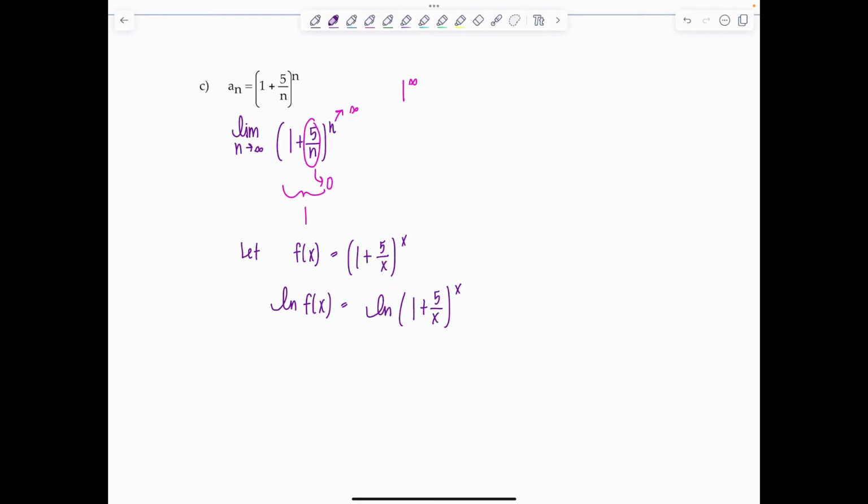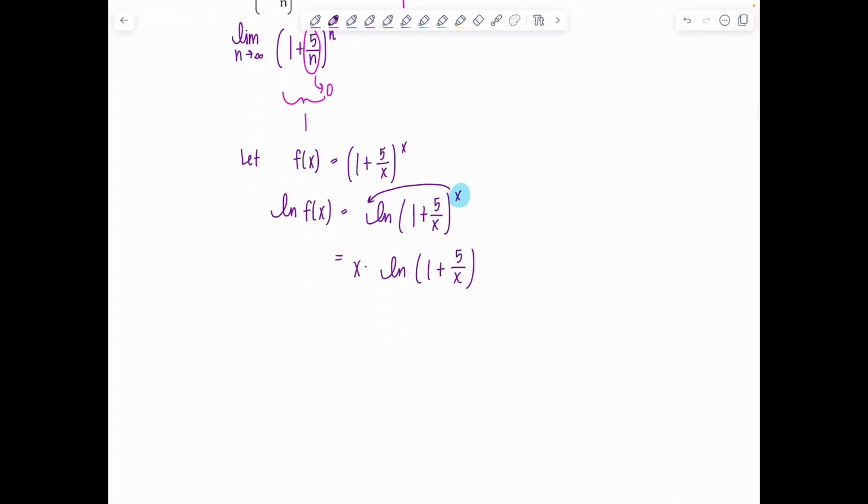Remind yourself, what am I doing this natural log business for? So I could move that x to the front, okay? So we're going to write this as x times natural log of 1 plus 5 over x.